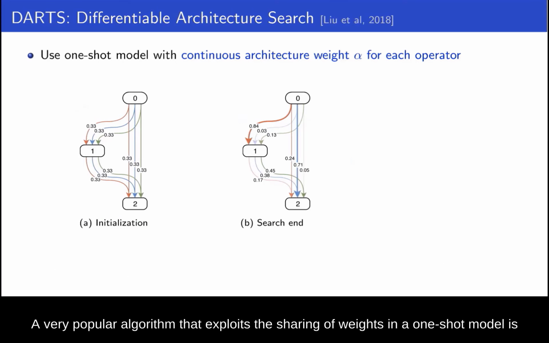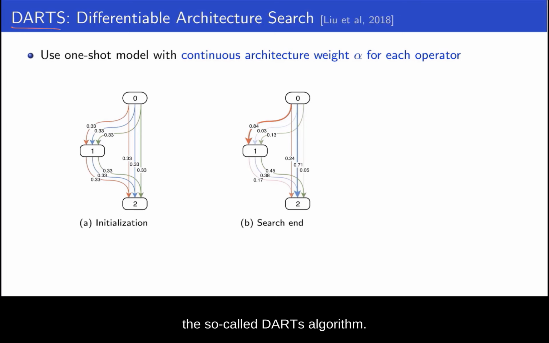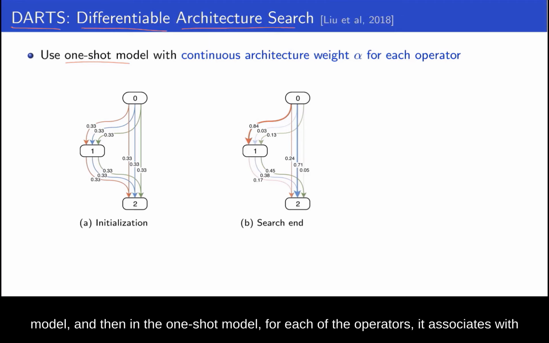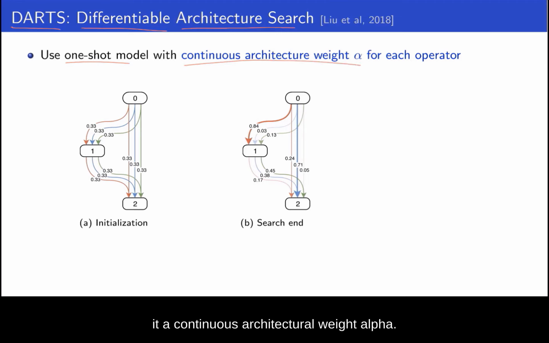A very popular algorithm that exploits the sharing of weights in a one-shot model is the so-called DARTS algorithm. DARTS stands for Differentiable Architecture Search. And what it does is it uses a one-shot model, and then in the one-shot model, for each of the operators, it associates with it a continuous architectural weight alpha.